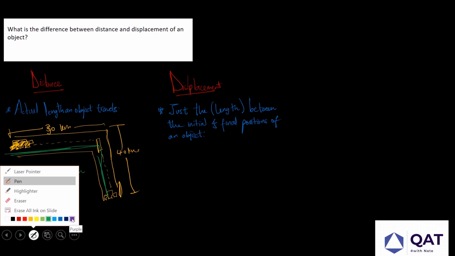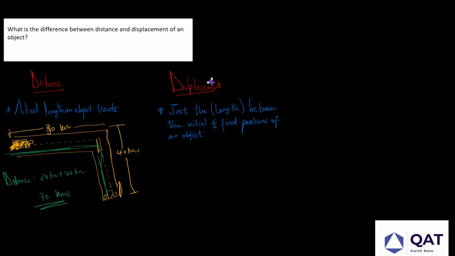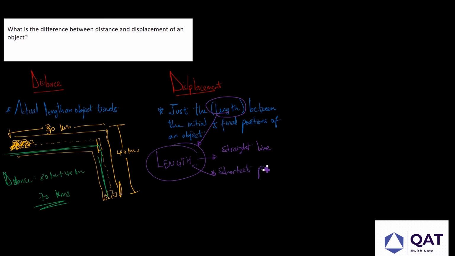When we say the length here, this length should be a straight line, and it is the shortest possible, and this is the only possible line.